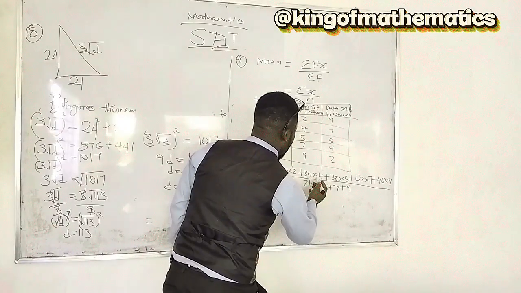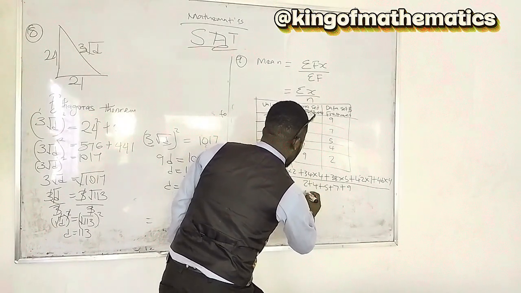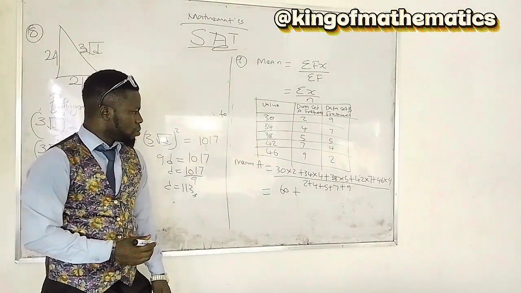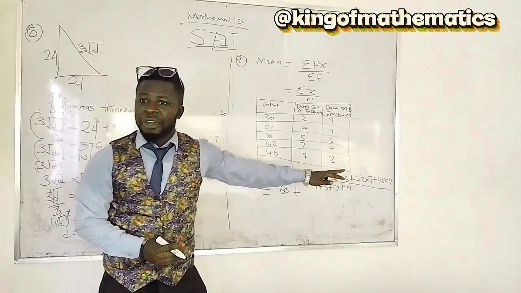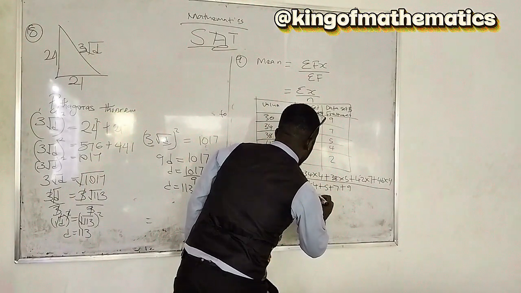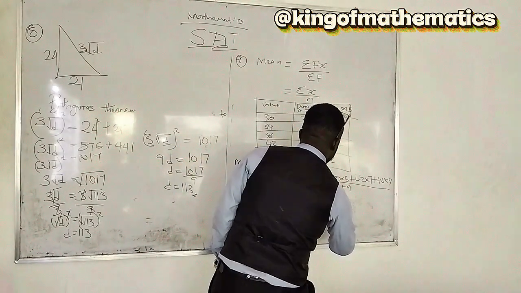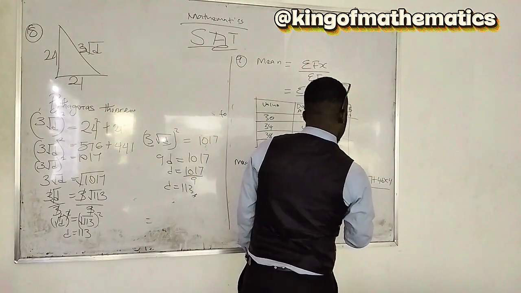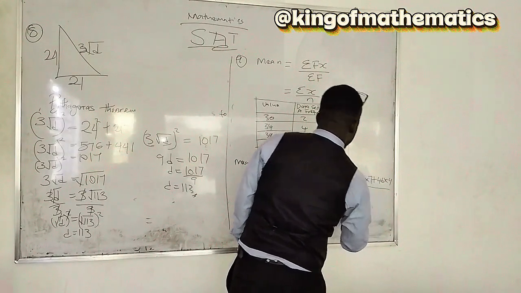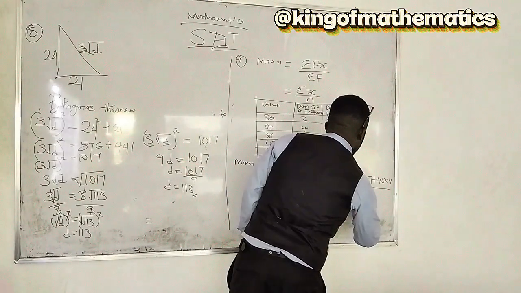60 plus 34 times 4, which is 136. Is this the summation of everything? No, 34 times 4 is 136. 38 times 5 is 190. 42 times 7 is 294. 46 times 4 is 184.